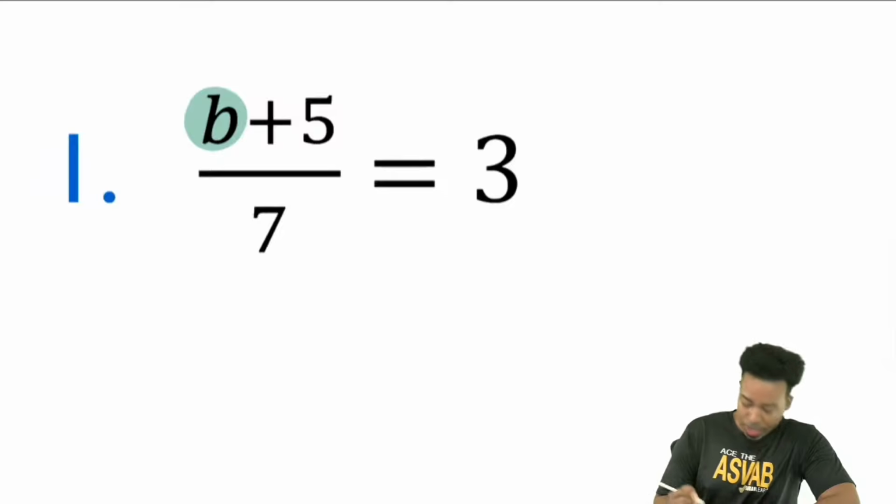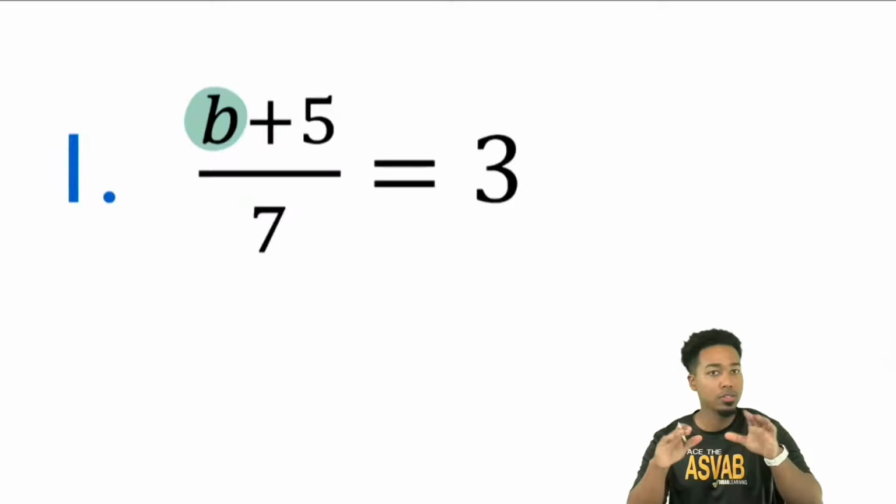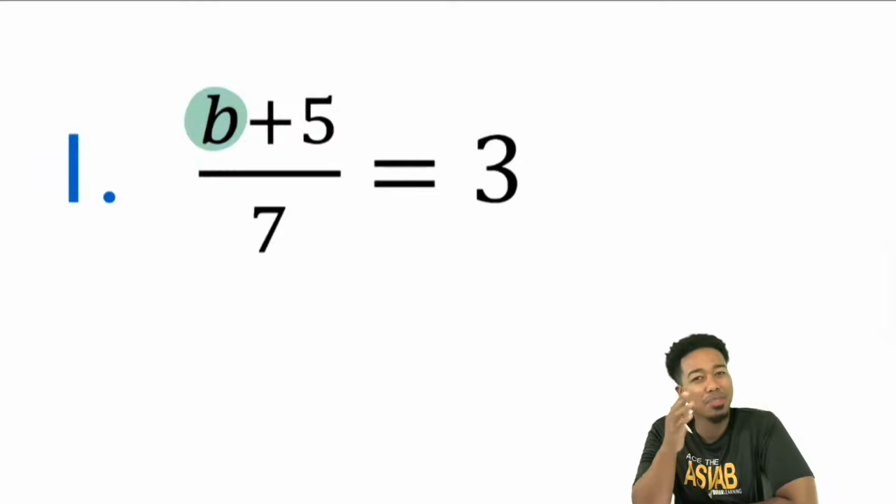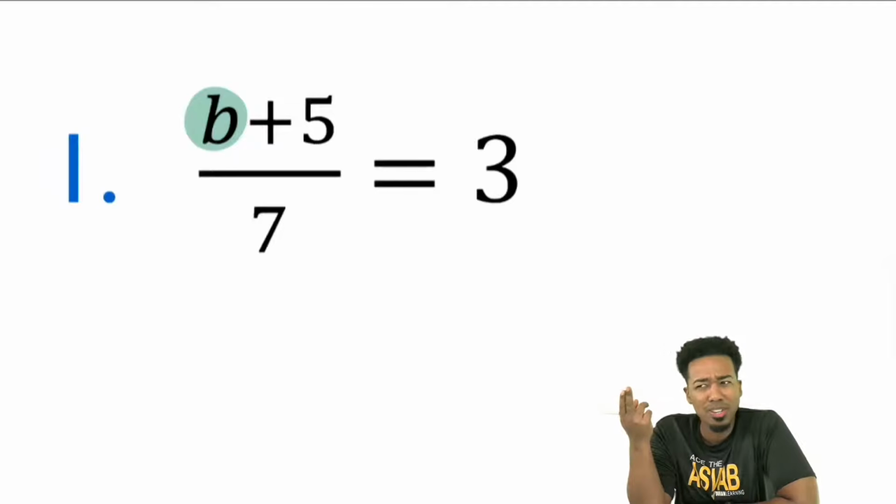Now, everybody, if we were pretending to work forward, what's happening first? Is it plus 5 or is it divide by 7? Right, we're adding the 5 first. I know a lot of us are thinking, yo, coach, isn't multiplication division first when it comes to PEMDAS? Yes.